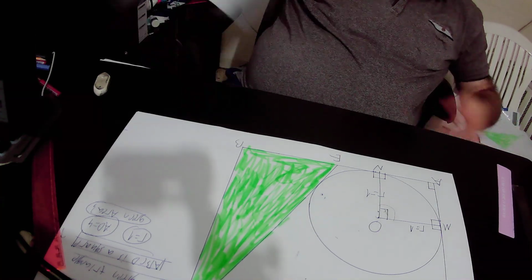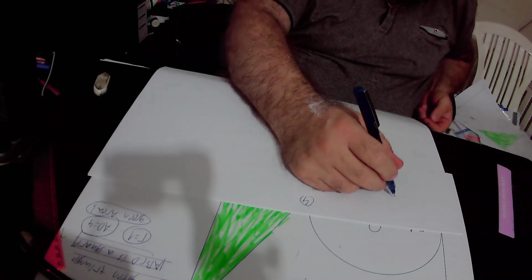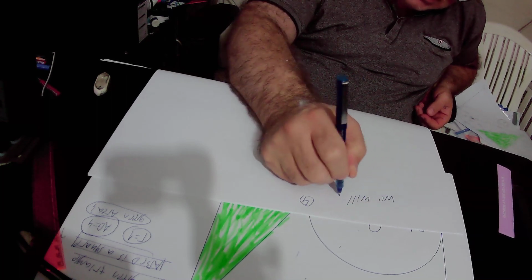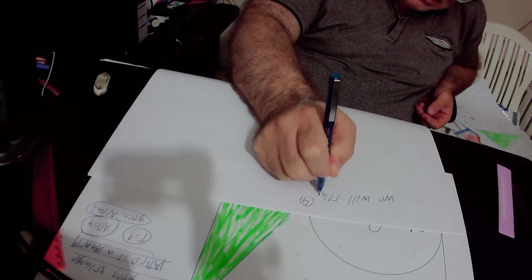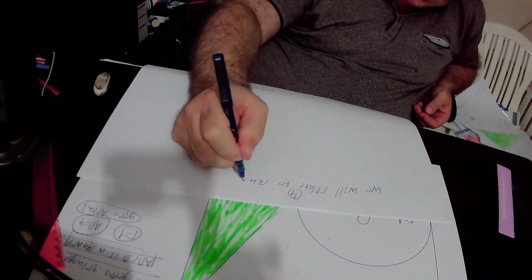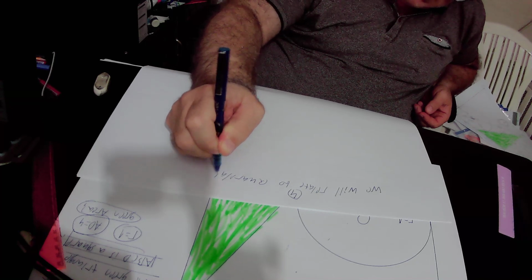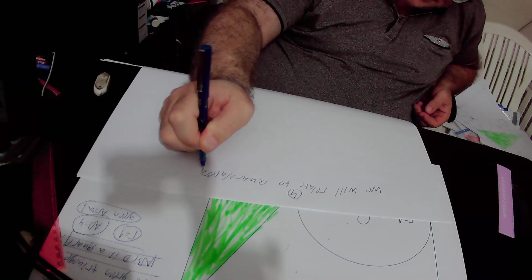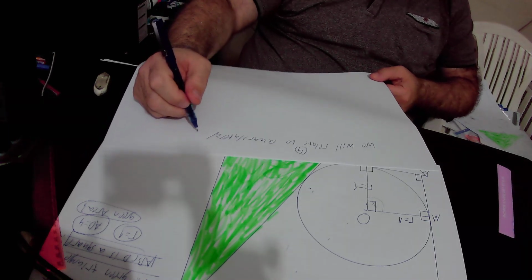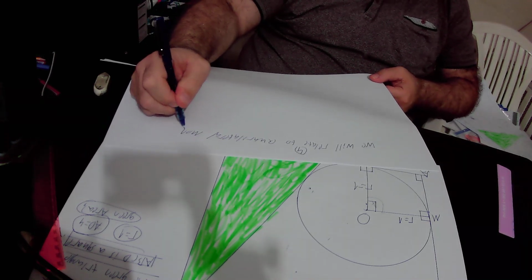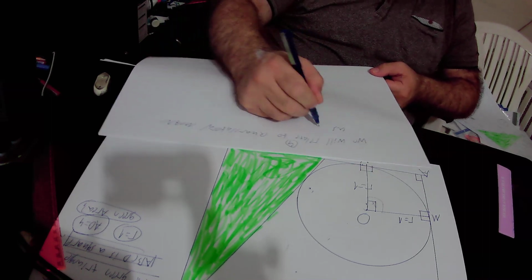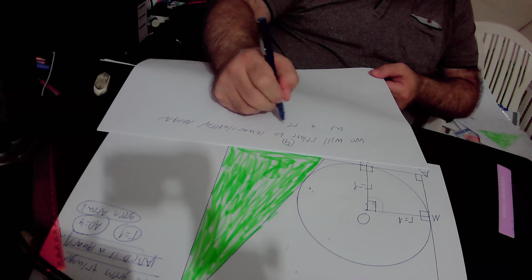I write it down. We will relate to quadrilateral MOAN, this quadrilateral, as a rectangle.